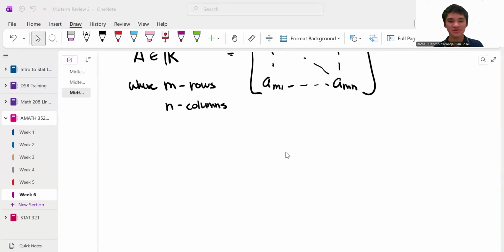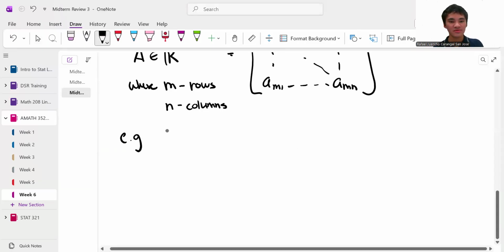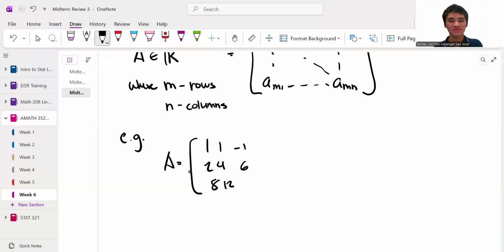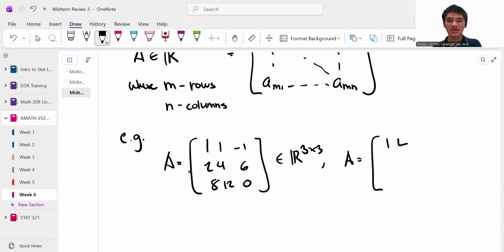Then we have some examples here. I could go through some. This one, let's try. We have 1, 1, -1, 2, 4, 6, 8, 12, 0. This here is a matrix A, 3 by 3, because there are 3 rows and 3 columns. How about this guy?